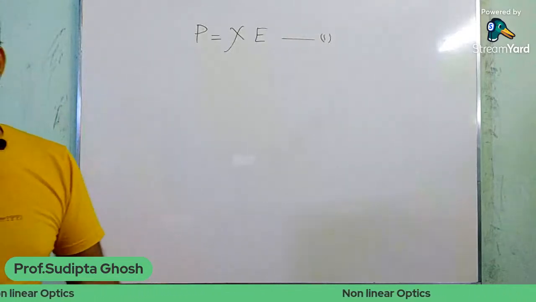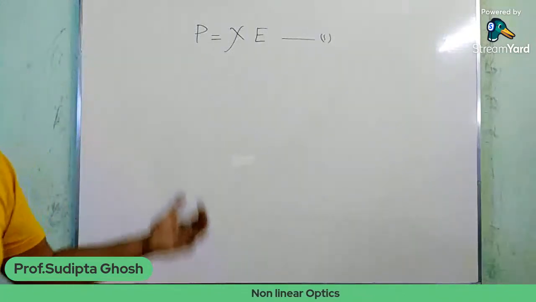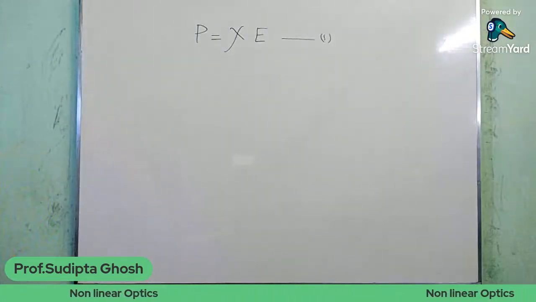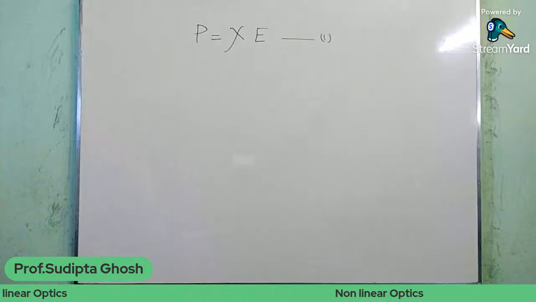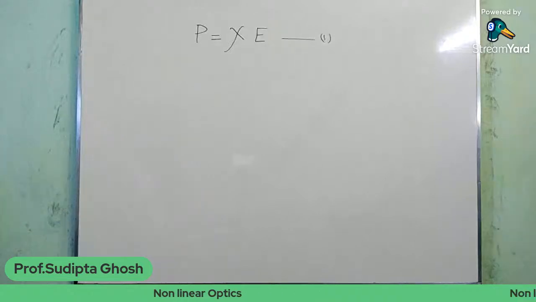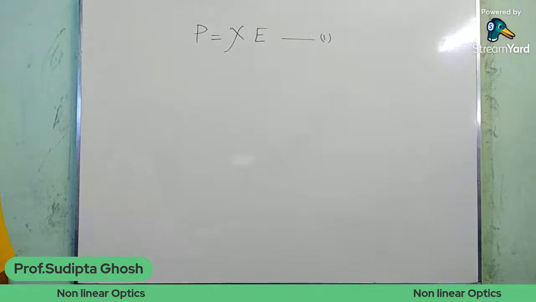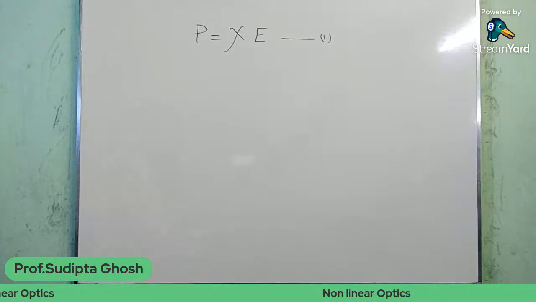And hence the dielectric susceptibility, that is chi, becomes affected by the electric field intensity of the light beam. So it can be said that when, in place of an ordinary light beam, an intense laser beam is used, the dielectric susceptibility behaves as a function of the electric field.